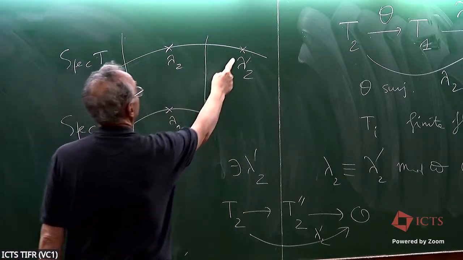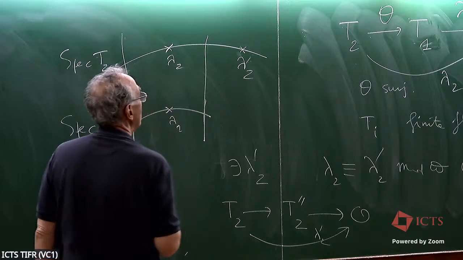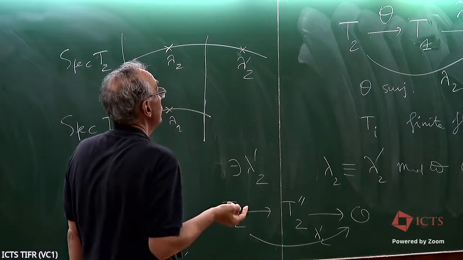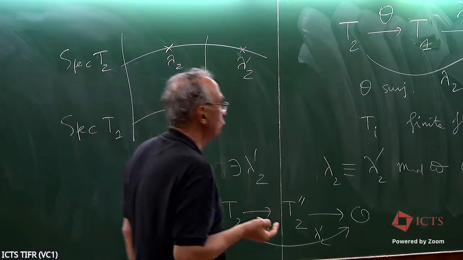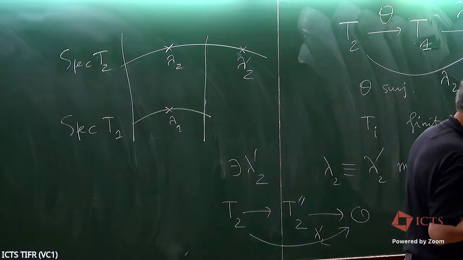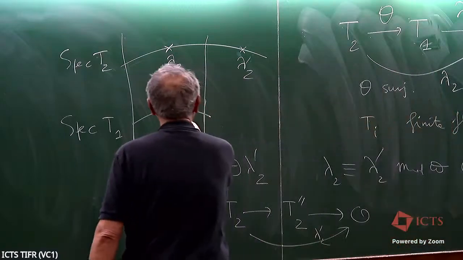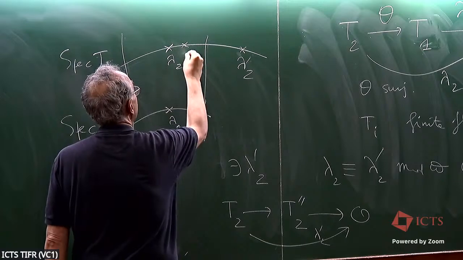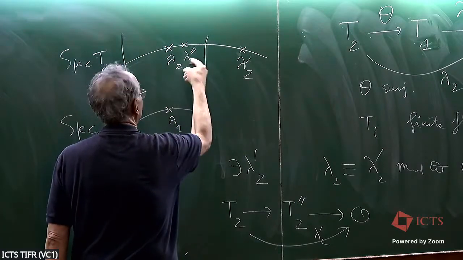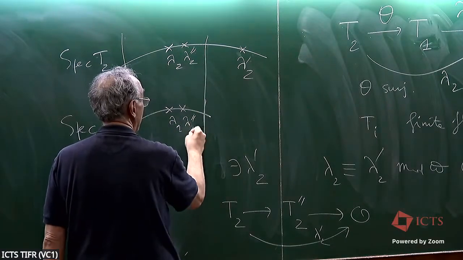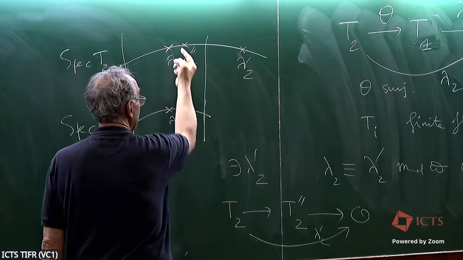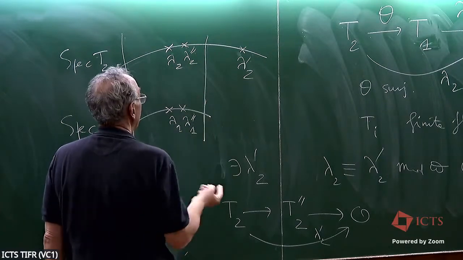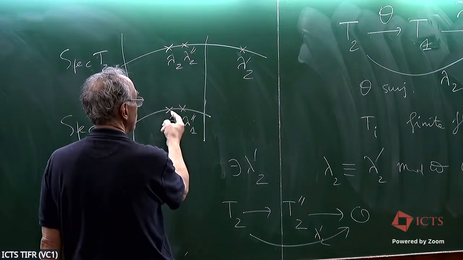And so I am interested in these points, and the existence of such a point is the non-triviality of the relative congruence number. While the congruences here come from the congruences here. If you have a congruence here, you have a congruence there by base change. Those are just coming from the congruences here.